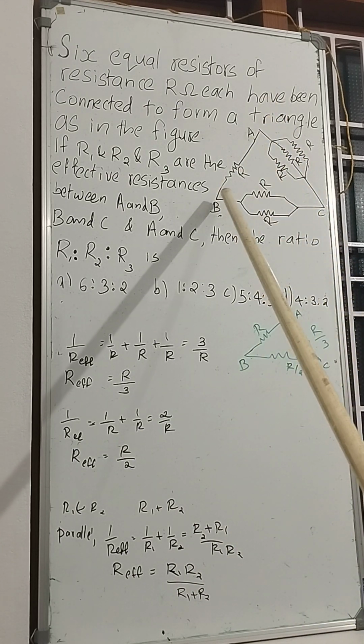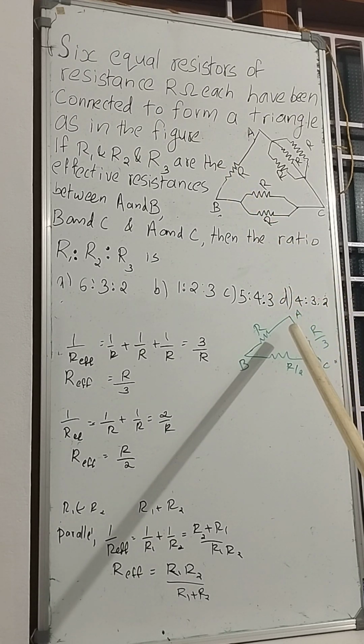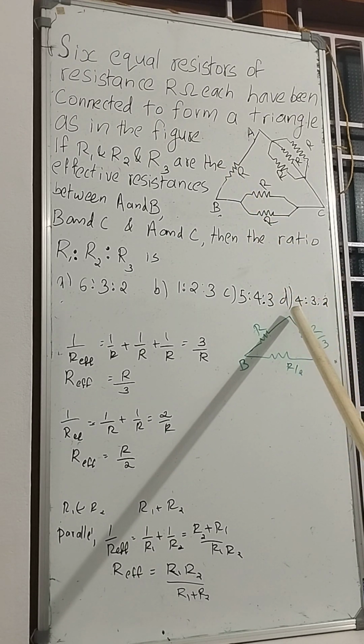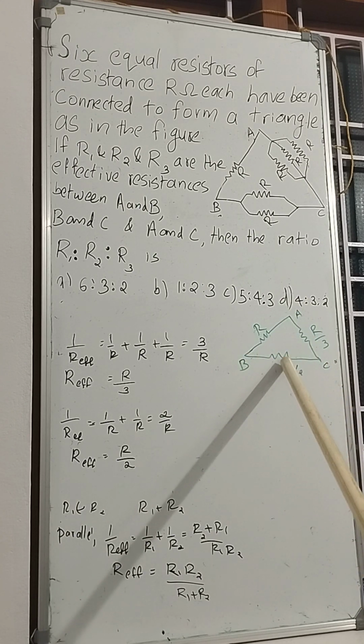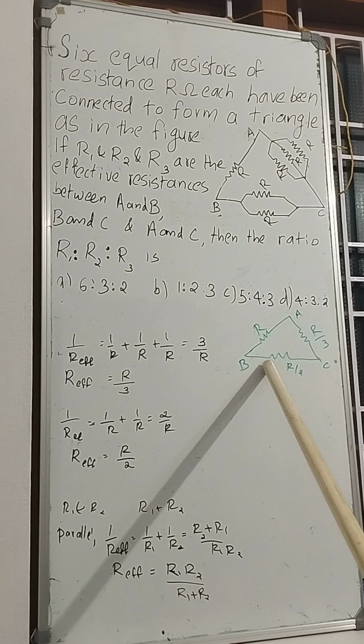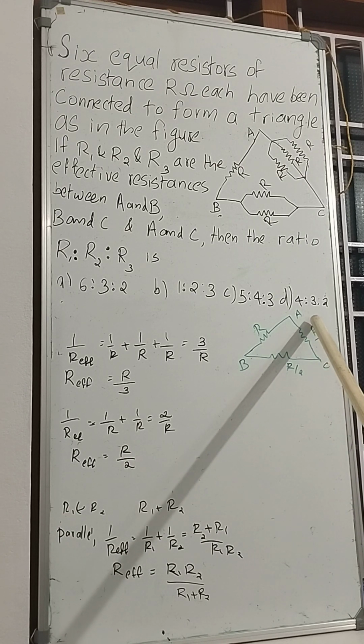Now if we wanted to calculate the effective resistance of the entire network between the terminals A and B, we have to approach the network in such a way that first of all we keep AB there itself, then treat the other 2 resistors. We know R by 2 and the end of R by 2 is connected to R by 3, end-to-end connection.